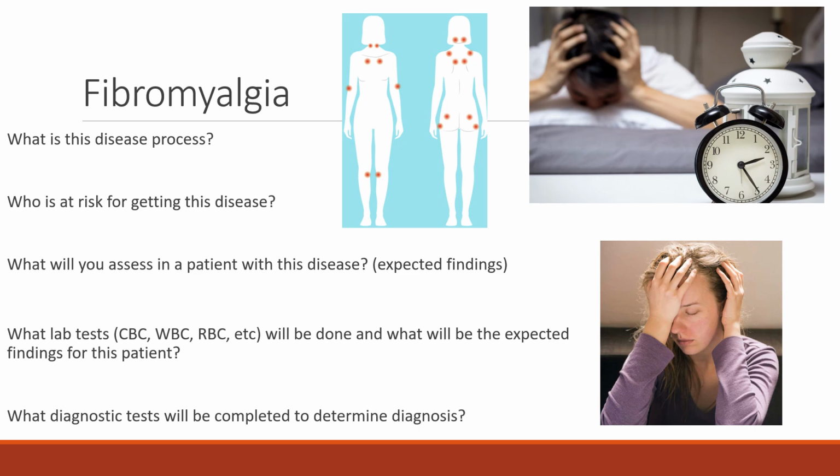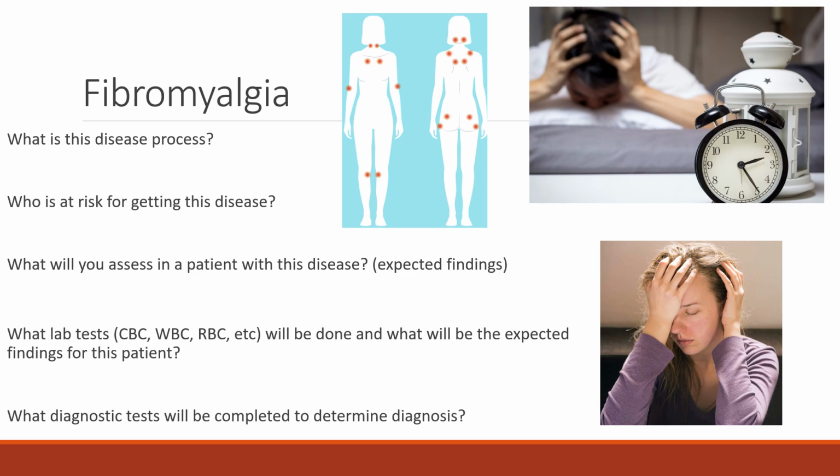So these pain signals are going to be amplified in patients that have fibromyalgia. Doesn't necessarily mean that they don't have pain, and it doesn't necessarily mean that they do have pain. So we have to remember that we have to treat it like it's real.